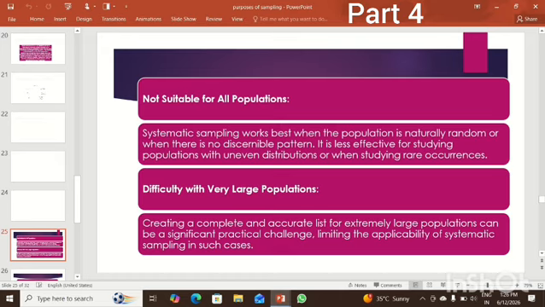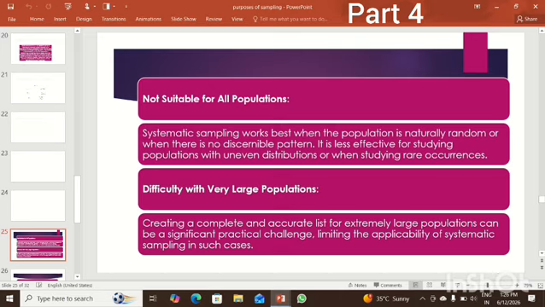If there is no pattern, naturally random, then systematic sampling works well. Okay. That means here they want to say that systematic sampling works best when the population is naturally random, or simply, when there is no discernible pattern, not a tough pattern of population.